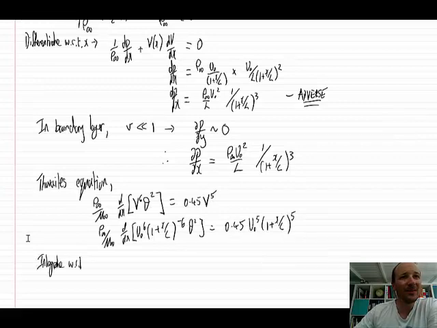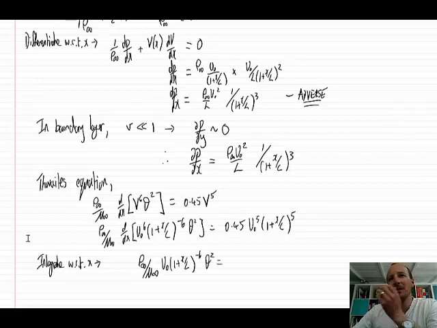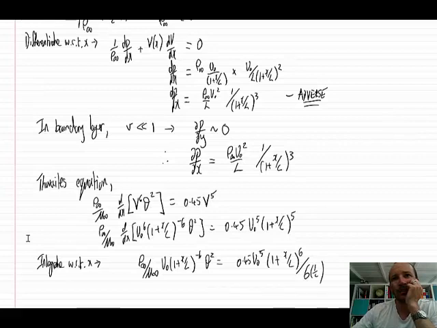with respect to x to get rho infinity over mu infinity u naught 1 plus x over L to the minus 6 theta squared equals, when we integrate this, we're going to get 0.45 u naught to the power 5, 1 plus x over L to the power 6 over 6 times 1 over L plus an integrating constant.